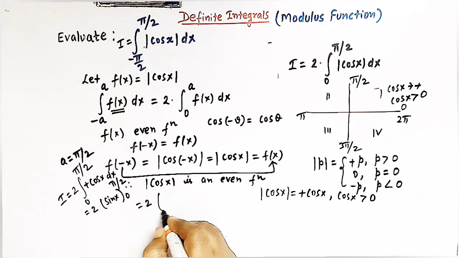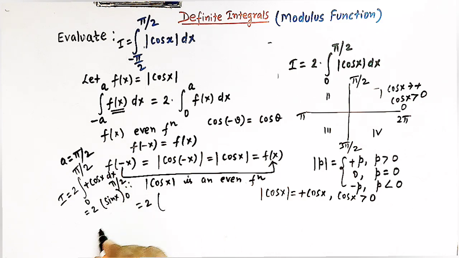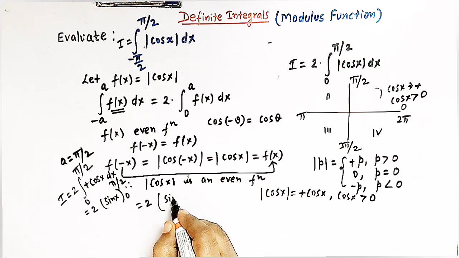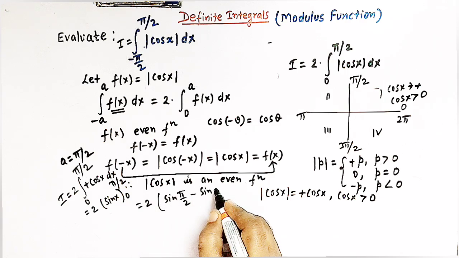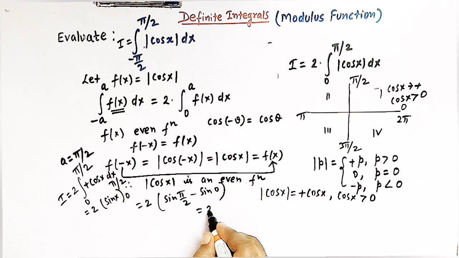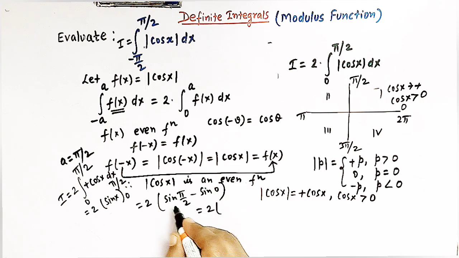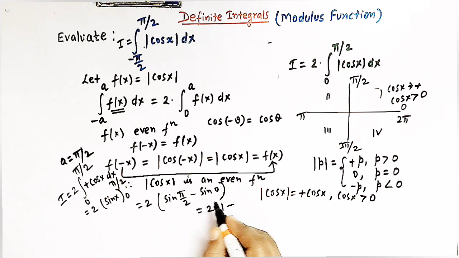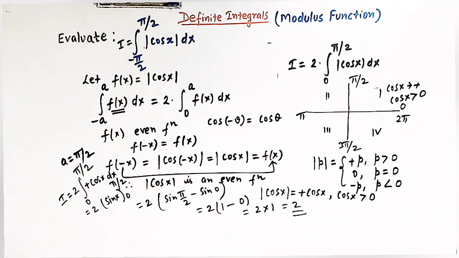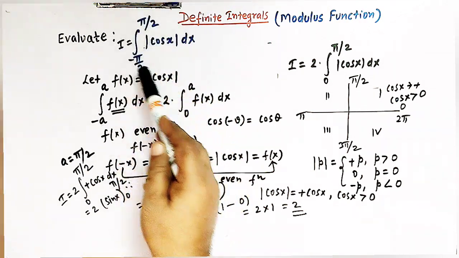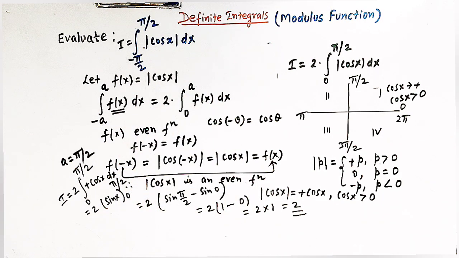So now let us substitute the limits and we'll take the difference. So we have sine pi by 2 minus sine of 0, and sine pi by 2, that is sine 90 degrees, is 1, and sine 0 is 0. So we have 2 times 1, that is equal to 2, right? So viewers, the value of this integral is equal to 2.